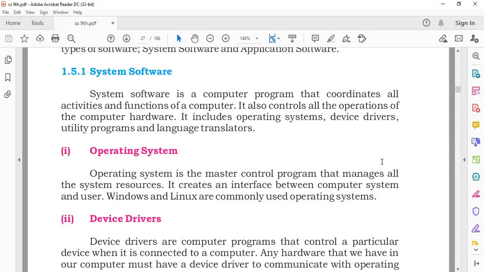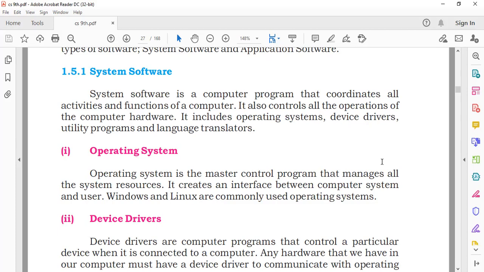And then we talk about the operating system. The operating system is the main software used in your PCs, and it is user friendly. The operating system is the master control program that manages your computer resources, all the data and everything else.